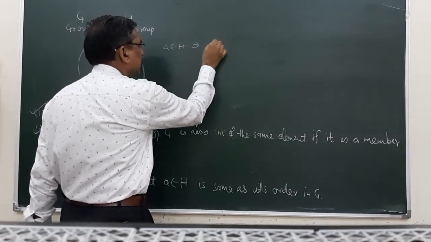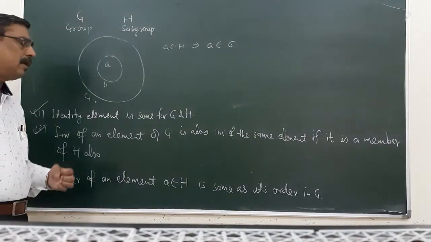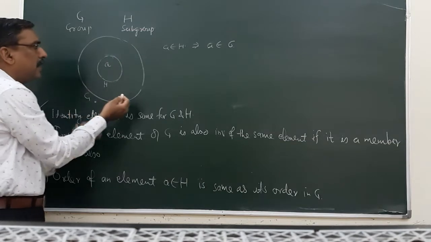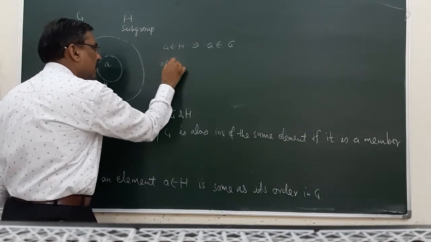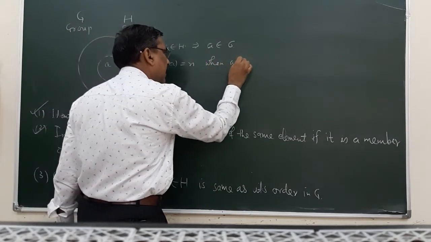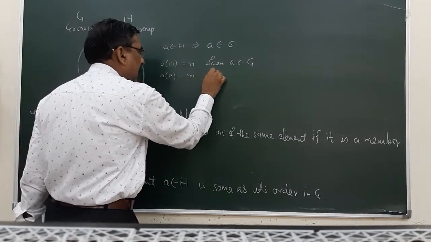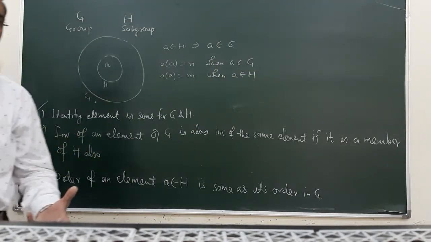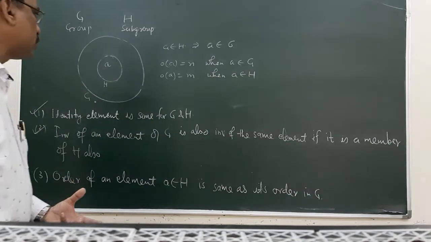So this implies A also belongs to G. And let us suppose the order of this element, when it is an element of G, is N. Order of A is equal to N when A belongs to G, and order of A is equal to M when A belongs to H. Means we have supposed that the order is different in H and in G for the same element.